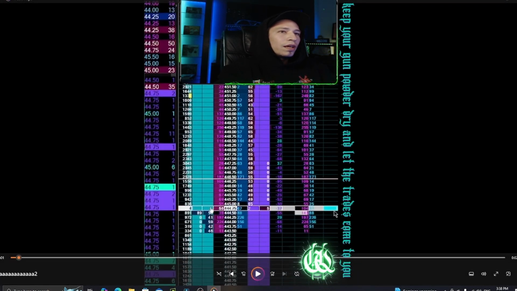So right here, I just placed a buy. I can see them reloading right here at the 44.50 and reloading at 4400. So you can see 197 being absorbed and 224 being absorbed. Now I'm seeing thinned out offers. They're still kind of reloading the offer here though.